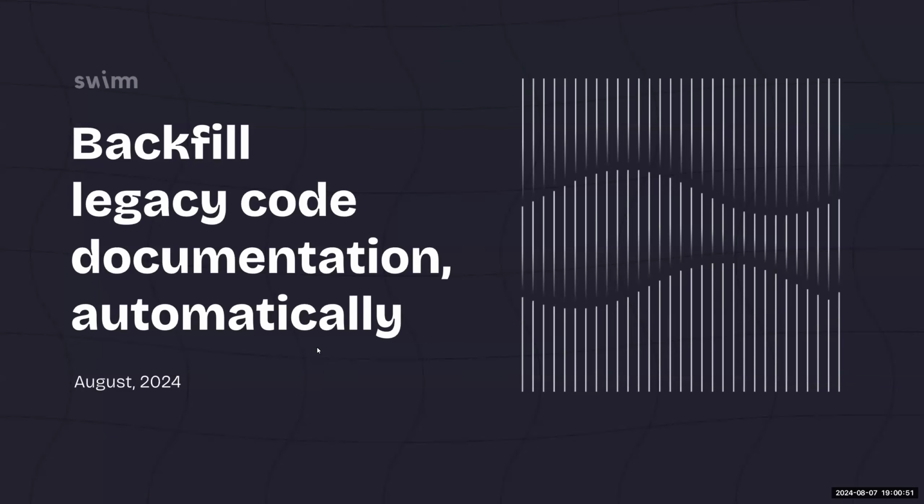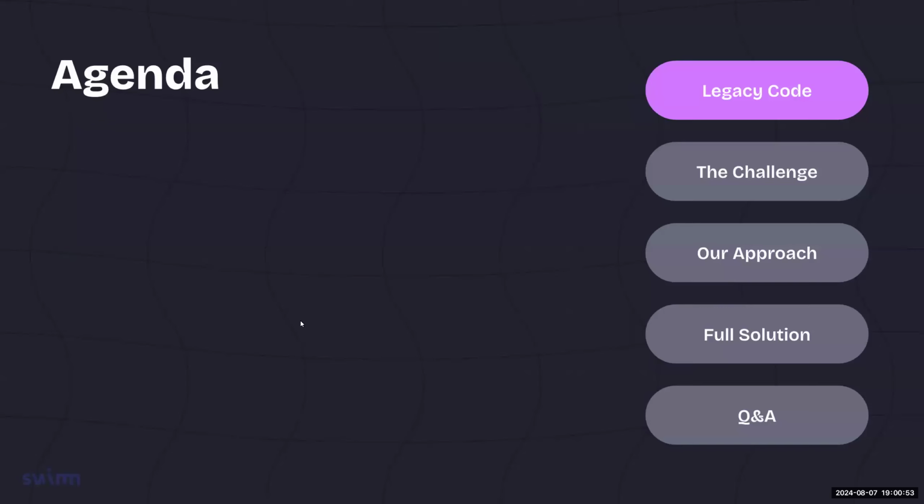Without further ado, let's talk about the agenda. I will start by talking a bit about legacy code, which is the reason you're here. Then Omer will talk about the challenges of harnessing Gen AI to generate automatic documentation for legacy code, specifically for ancient languages.